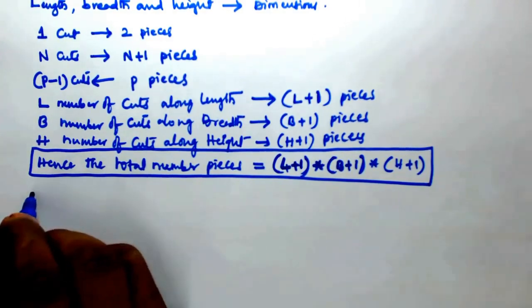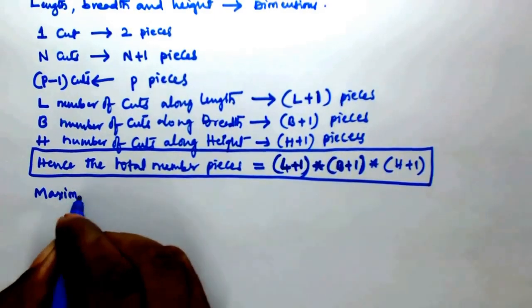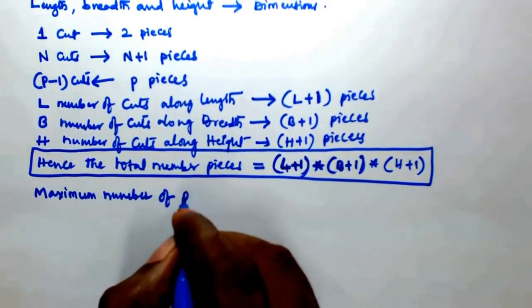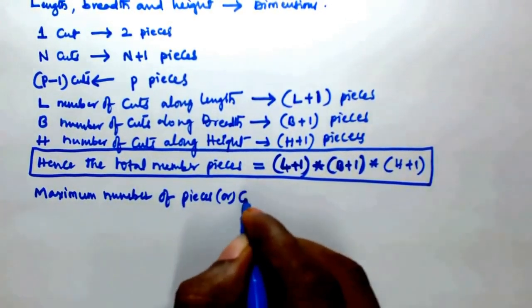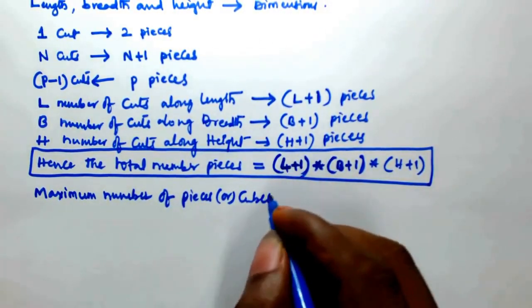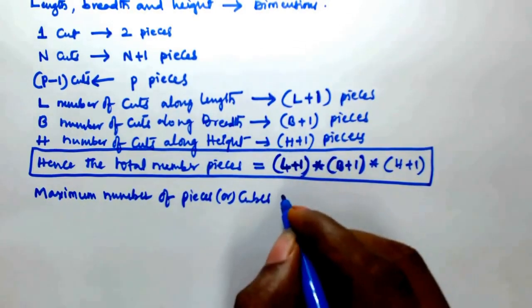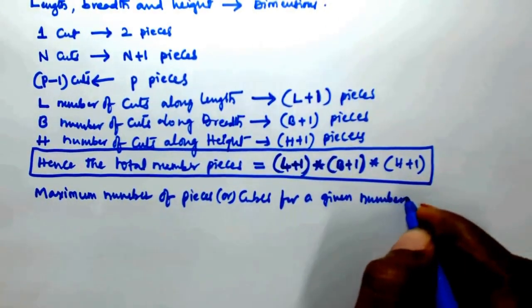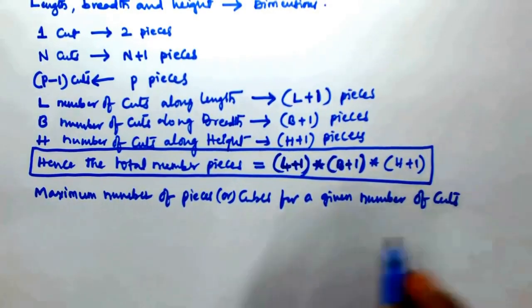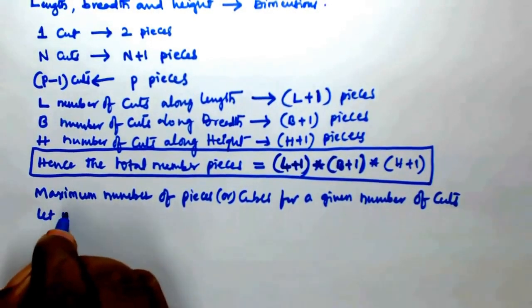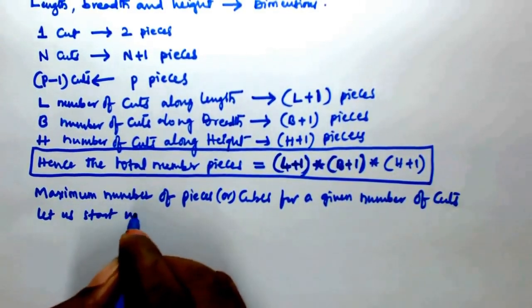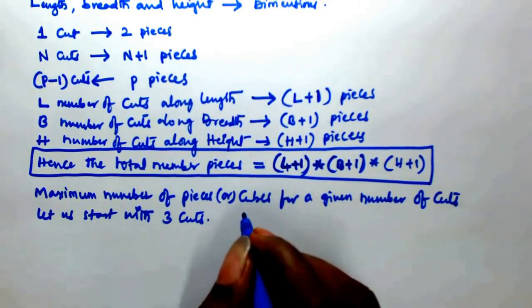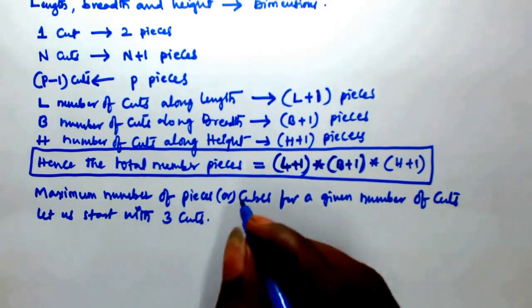We will see the maximum number of pieces or cubes for a given number of cuts. So now let us start with three cuts.